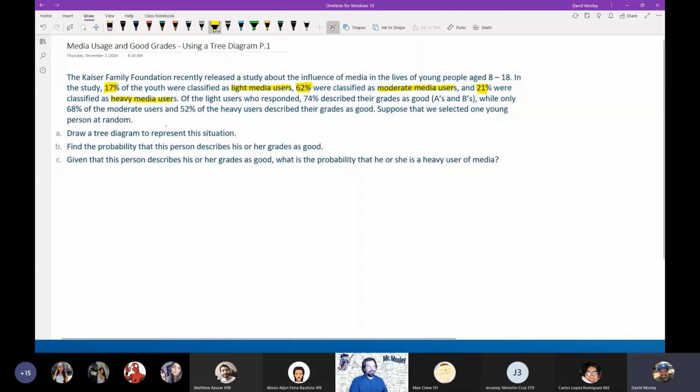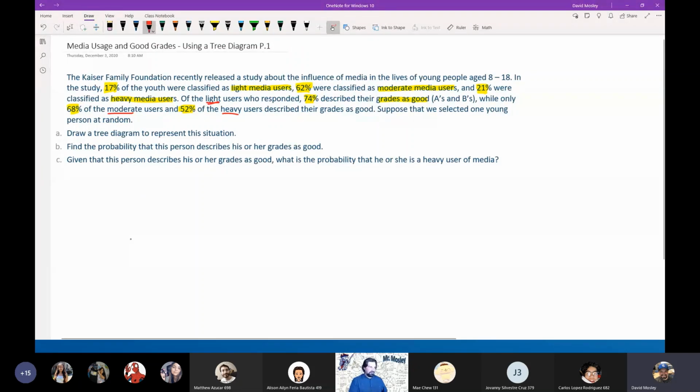Of the light users, 74% describe their grades as good, 68% of the moderate users have good grades, and 52% of the heavy users. So we've got a few different bits of information, going from light, moderate, to heavy. Suppose that we selected one young person at random.